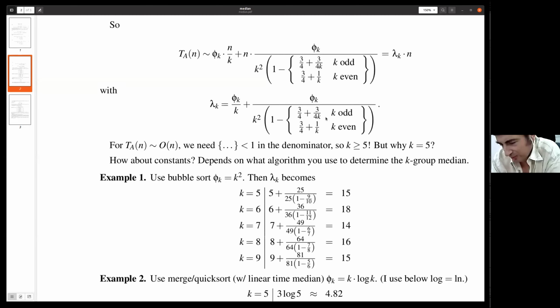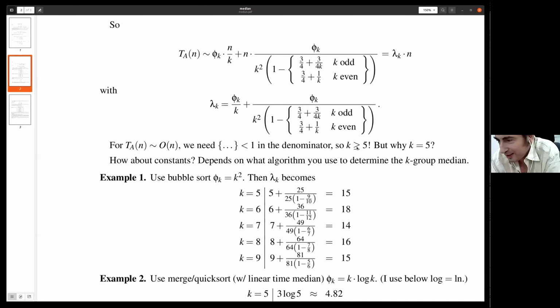That is the problem. The reason why you need 5 is that 5 is the smallest k for which this becomes smaller than 1, and you have a provable worst case linear estimate, which is what you wanted. You wanted a linear time algorithm. This is the reason why k is bigger or equal to 5.